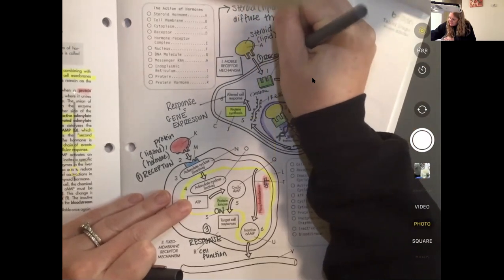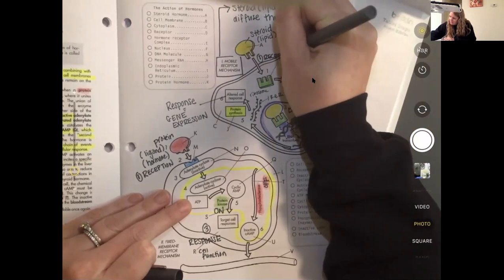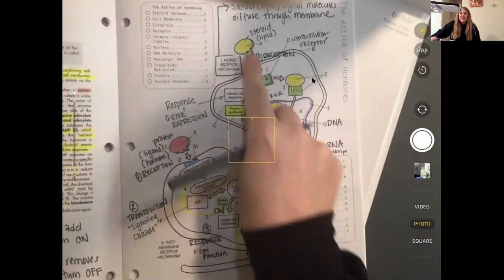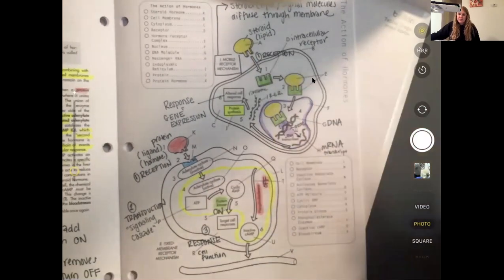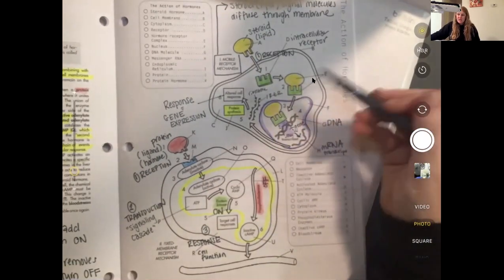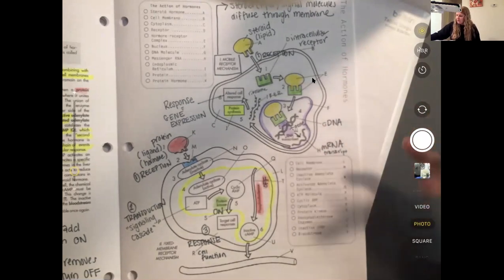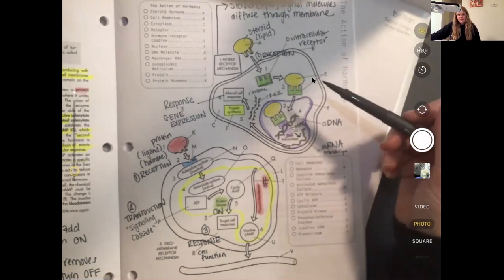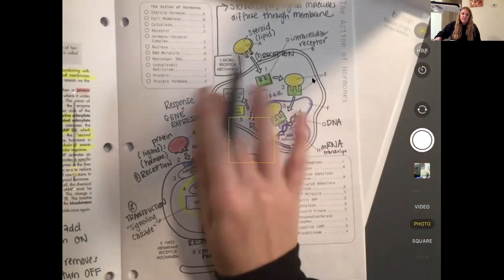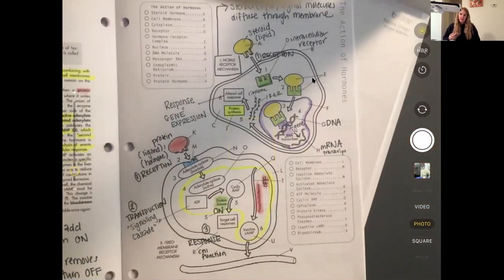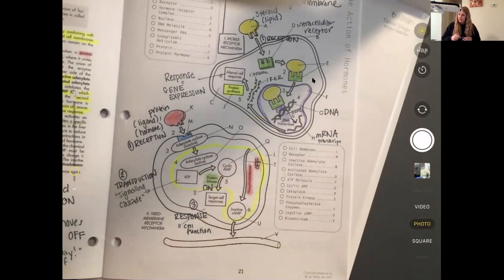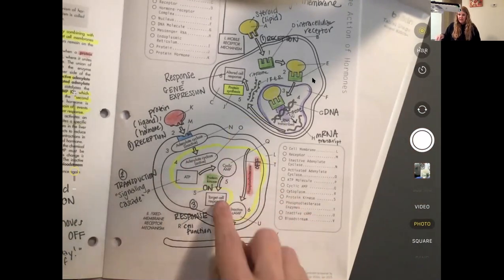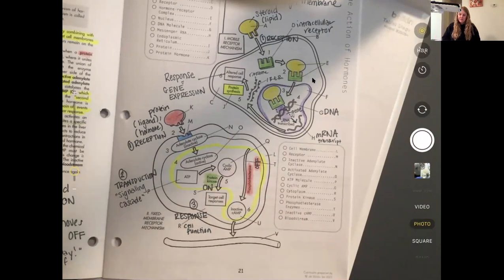But the difference is reception, I almost forgot the I, with steroid hormones can happen inside the cell, intracellular receptor. Transcription and translation can kind of be considered like transduction, a little different, but we get our response, gene expression, okay? Transduction, this is a really good example down here, where we go from one to the next, to the next, to the next, and we can turn it off.